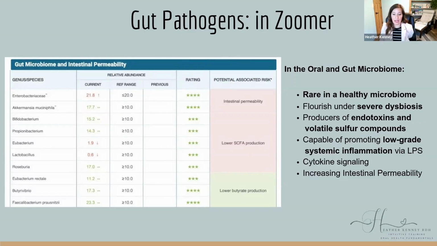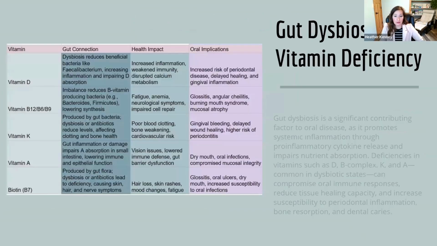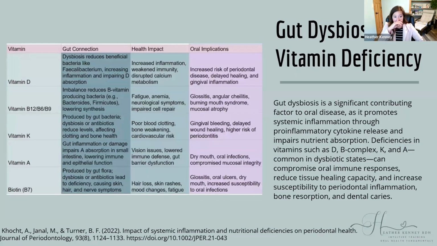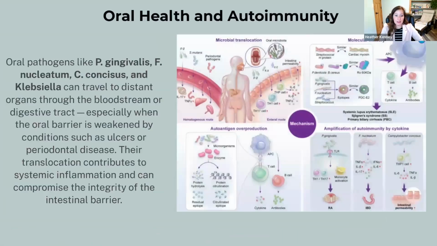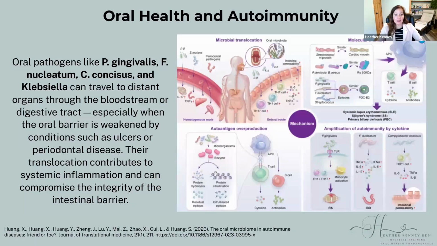So that would be problematic for this diabetic patient, which could lead to that vitamin deficiency that we talked about earlier. So we want to make sure that we're getting that gut dysbiosis issue under control if she has it. Most likely she does because she's got diabetes. And Klebsiella acts a little bit differently too. When it gets into the mouth and in the bloodstream, it can cause autoimmune issues through some pathways.